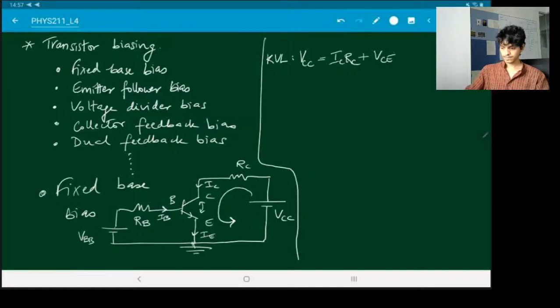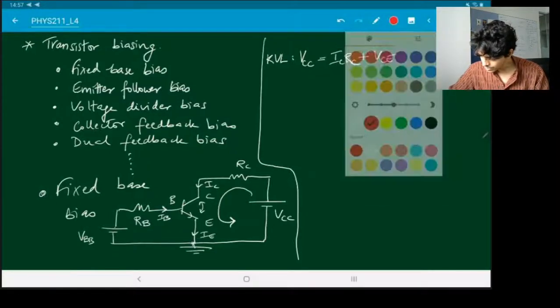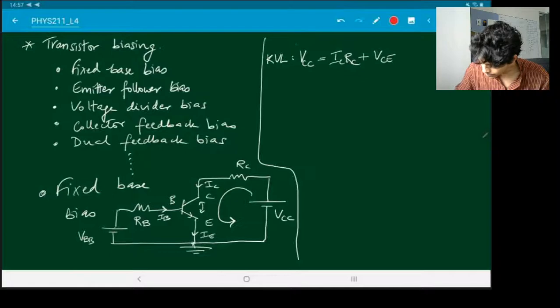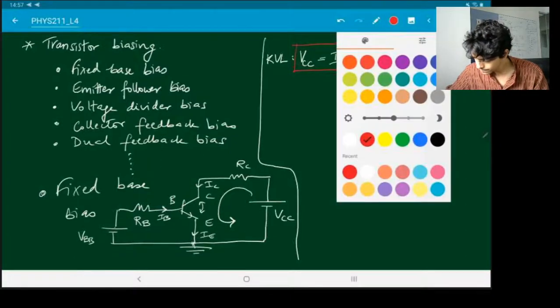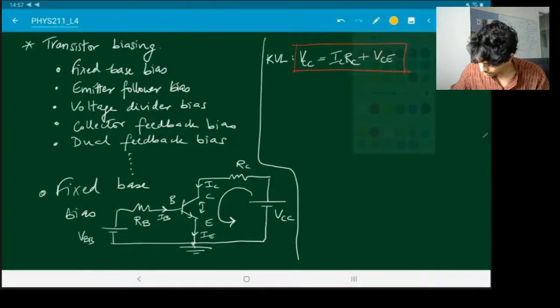And that's it. Then you have reached the ground. So this equation and equations like this are going to be some of the most important equations that we will see in this course. This is called the DC load line equation.